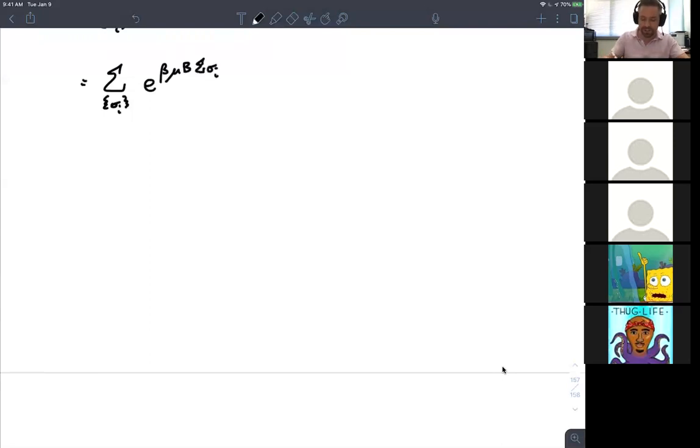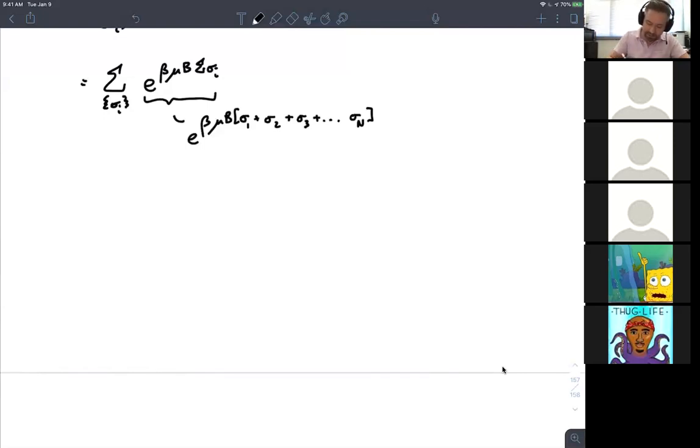Okay, so if I just write it out explicitly, it's e to the beta mu B, spin 1 plus spin 2 plus spin 3 plus spin n. Okay, so I have an exponential of a sum in my exponent. An exponential of a sum in the exponent is the same as a product of exponentials, right?